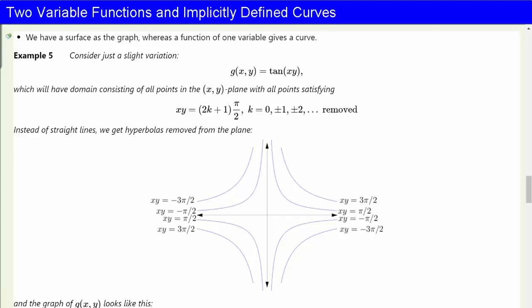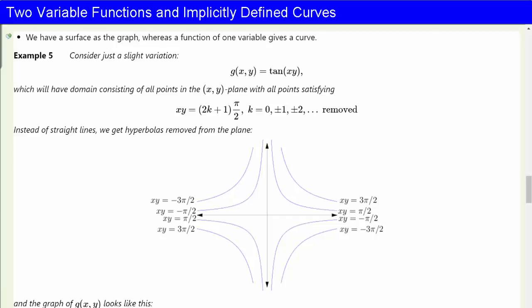Now consider just a slight variation. g of x, y equals the tangent of the product xy, which will have domain consisting of all points in the xy plane, with all points satisfying x times y equals an odd multiple of pi over 2 removed.